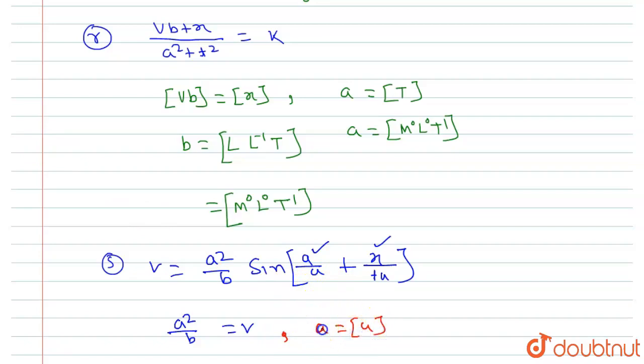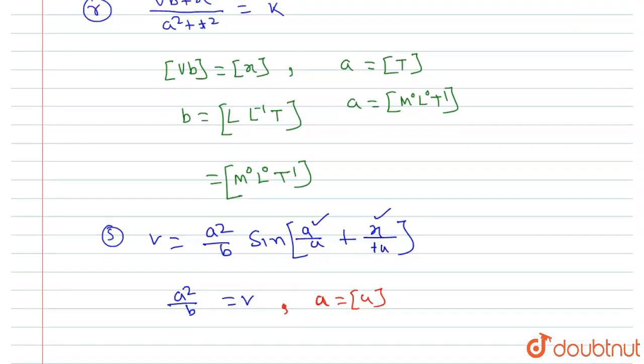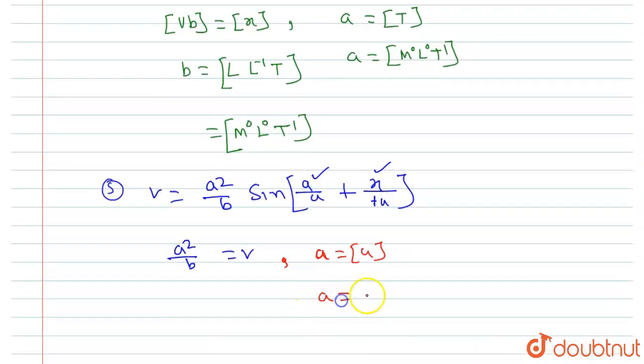So A is equal to M0 L T minus 1. So this is the dimension of A.